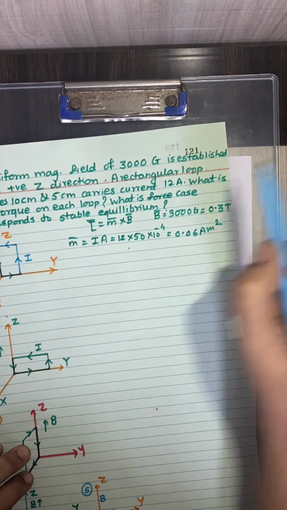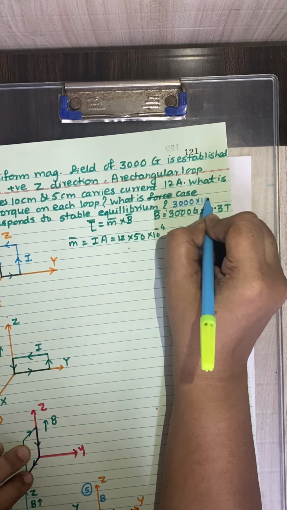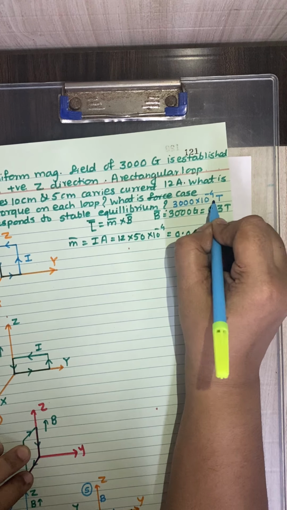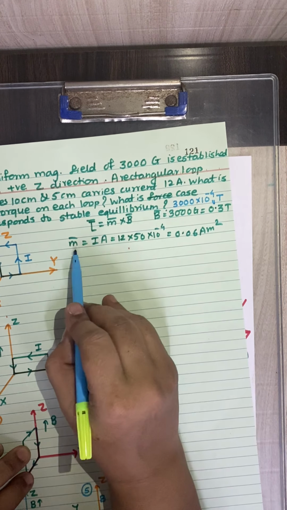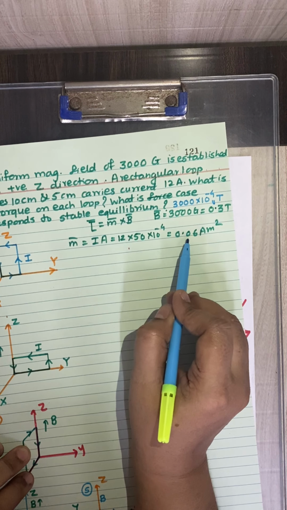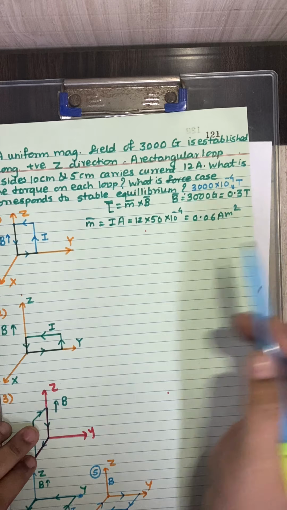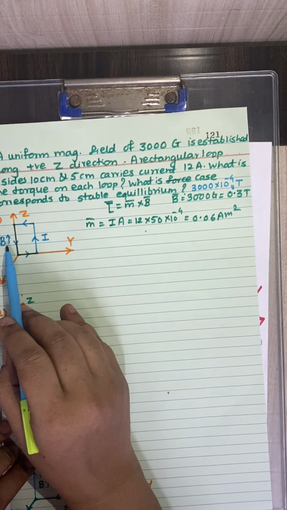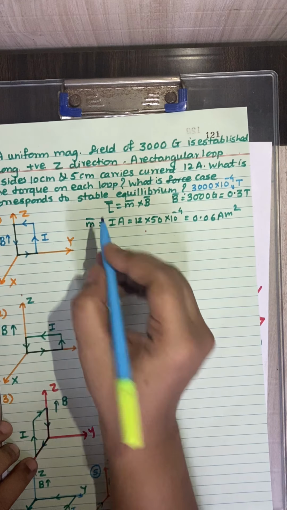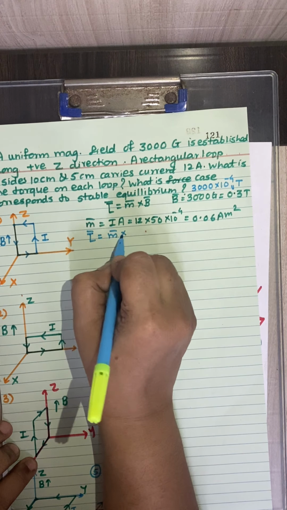So now I know the value of the magnetic moment, that is 0.06, and I know the value of the magnetic field, and just now I have shown you that the magnetic moment and the magnetic field are perpendicular to each other. Now we will put the values here. Tau is equal to m cross b.